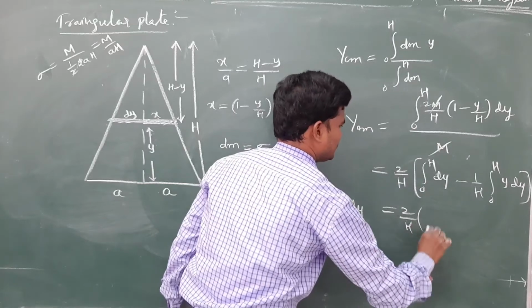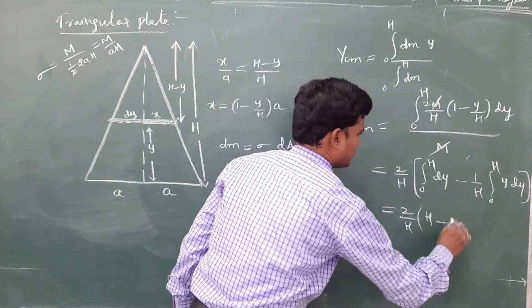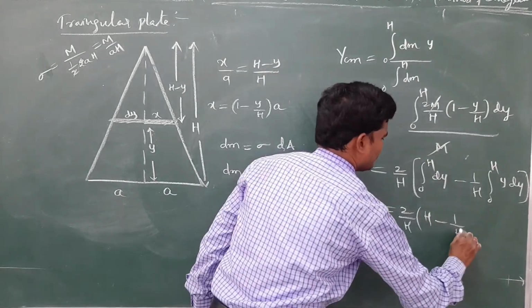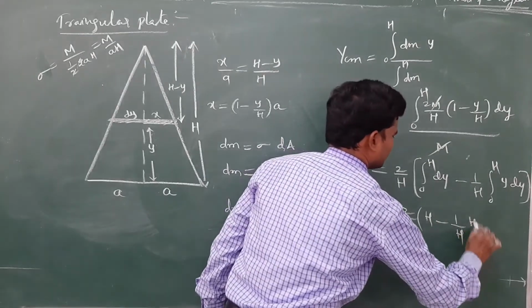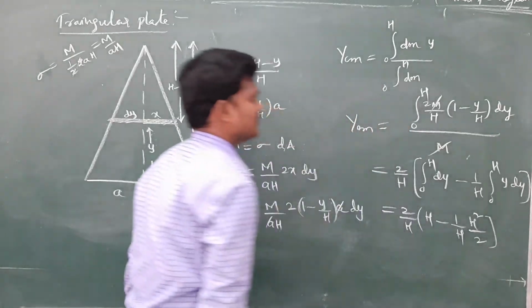Just substitute it: 2 by h, this is y from 0 to h, and 1 by h, this is y square, h square by 2. Verify the calculations here.